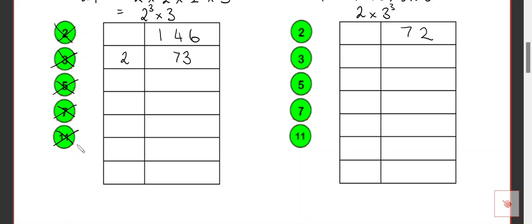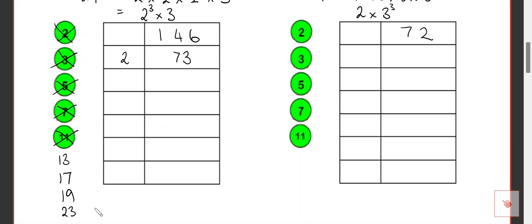11? What happens when we run out? Carry on. Because we can say 13, 19, 23, but we're now getting a bit too big.